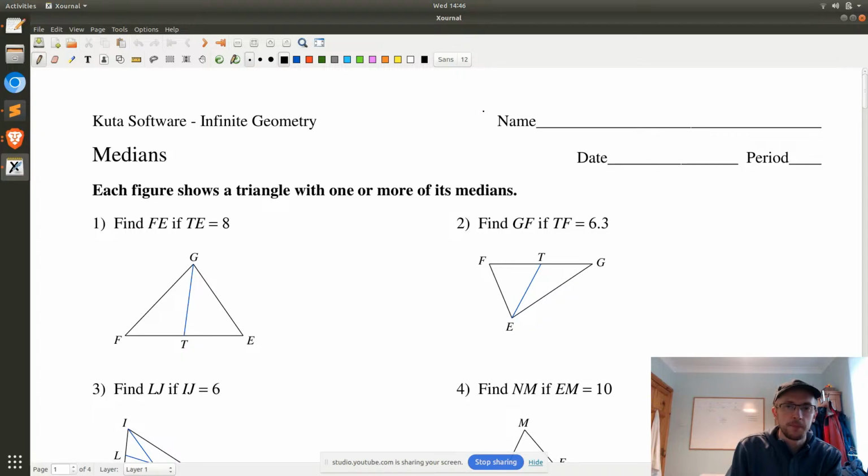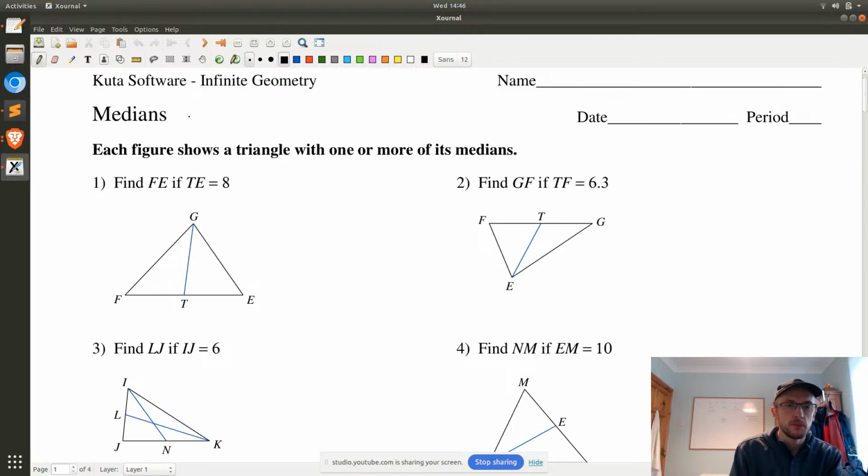But in geometry, it means something different. What it means is the line segment FT is congruent to the line segment TE, which means they have the same measure. They're equal in length.